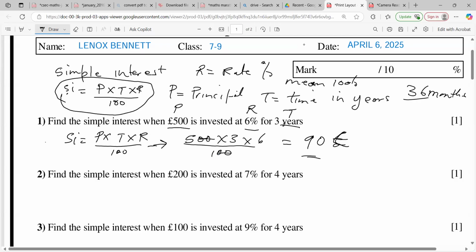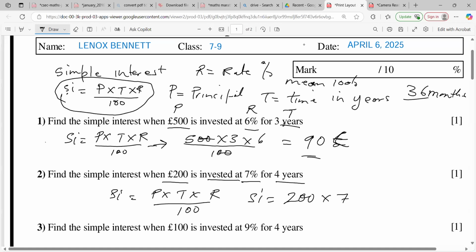And then number 2 says, find the simple interest when $200 is invested at 7% for 4 years. The simple interest is equal to the principal times the time times the rate over 100, right? So therefore, the principal would have been 200 times 7 times 4.